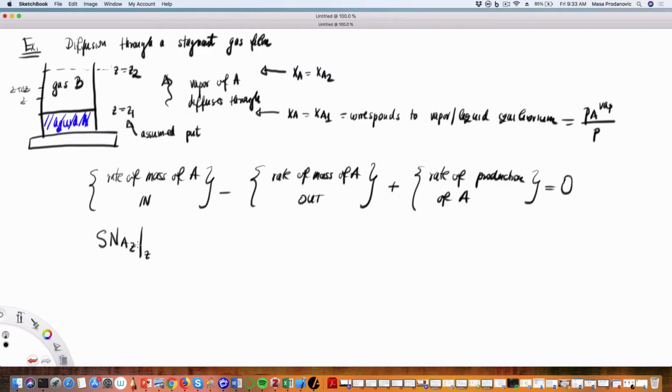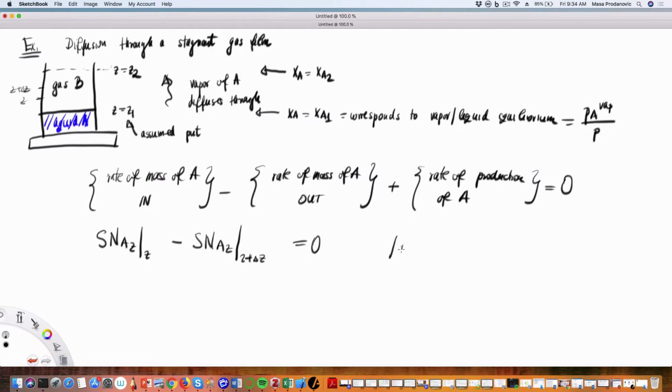So again, uppercase N is my combined molar flux of species A. So it has both the diffusive and convective component. Minus S NAZ evaluated at Z plus delta Z. And I don't have any production, so that's it. I assume no reactions are going on.